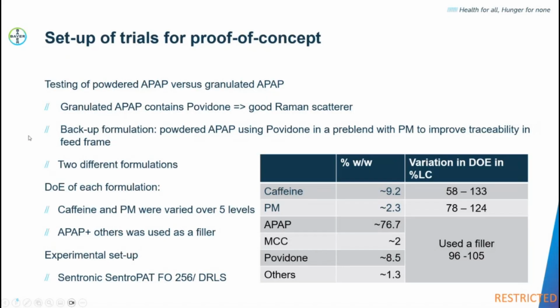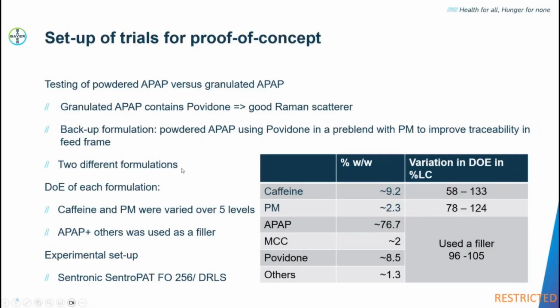So we were hoping that actually that can be used to improve traceability of our pyrilamine if we use powdered APAP and combine povidone in a pre-blend together with pyrilamine maleate. So instead of having our povidone within the granulated APAP, we use it as a tracer in a pre-blend with our pyrilamine.